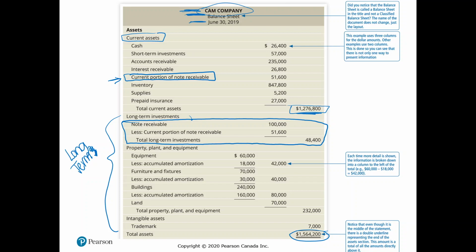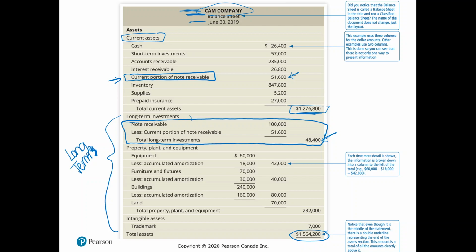So this note receivable that we loan some money to someone, the repayment schedule clearly says that a portion needs to be paid out within the next 12 months, but then there still remains a balance that gets paid out beyond that. So if that's the case, you need to break out this current portion.